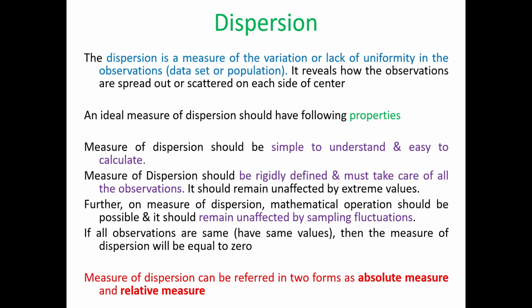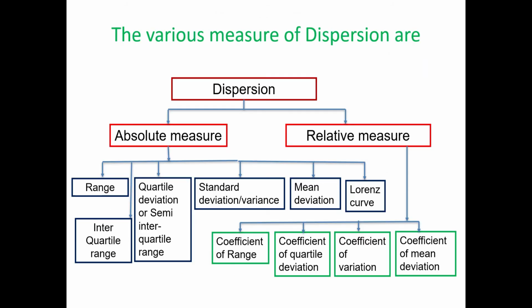So everything is uniform. Measures of dispersion can be referred to in two forms: absolute measure and relative measure. So what are the different types of dispersion?